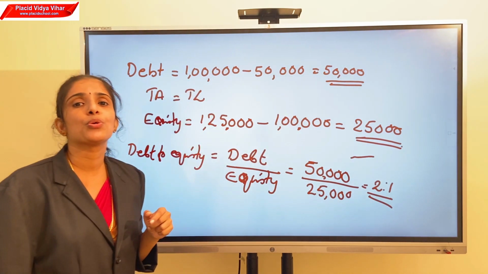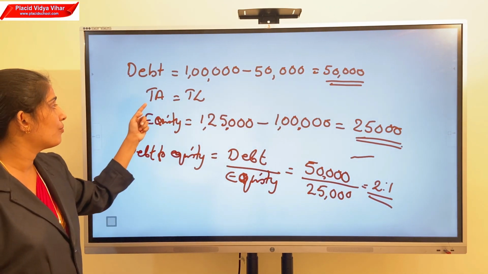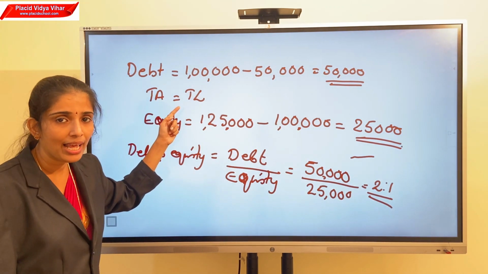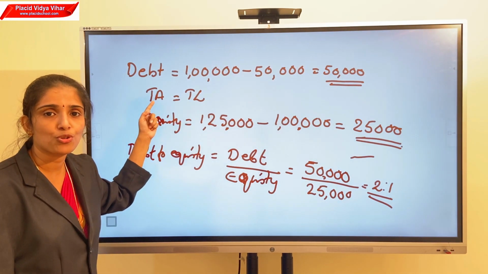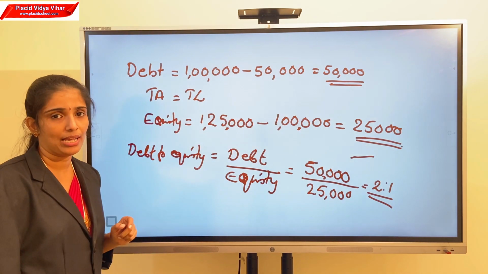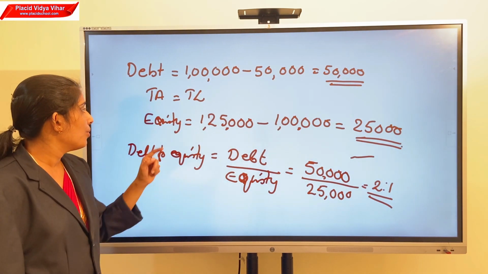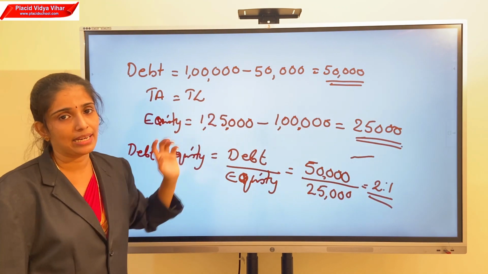Then the next step is to calculate the equity. In the case of equity, we know the formula: total asset equals total liability. So the total assets value is directly given in the question, that is rupees 1,25,000. The same value is the total liability. So equity equals this total liability value minus external debt.